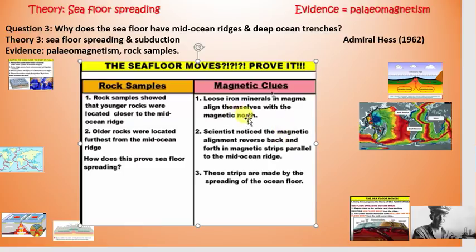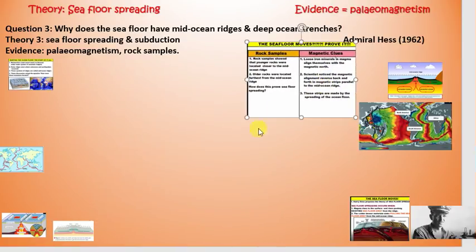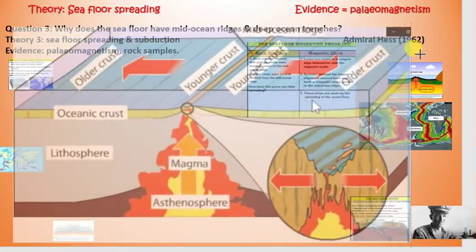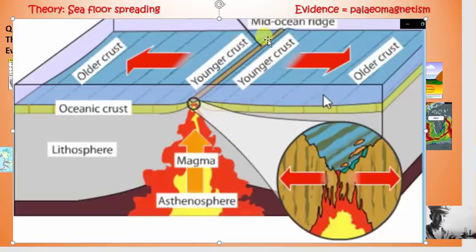So iron minerals in magma. Obviously, magma is fluid or semi-fluid. It's not a solid. When it breaks the surface of the oceans and cools, it ceases to be a liquid and a fluid, and it sets, all right, and forms crust or rock.